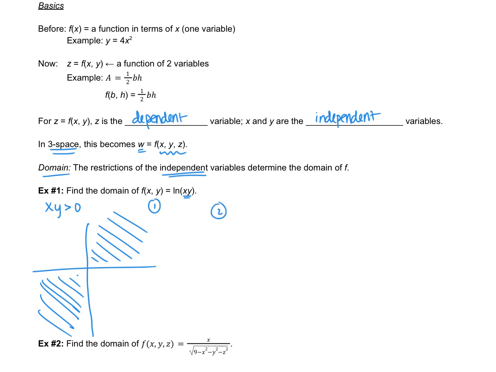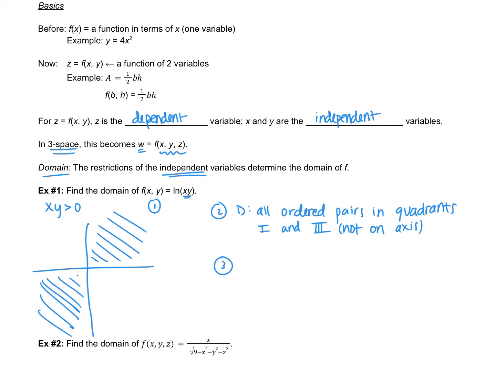Second, we can express the domain in words. So our domain is all ordered pairs in quadrants 1 and 3. We are not looking at the points, though, on the axis, and that's because our points on the axis would give us a product of 0.